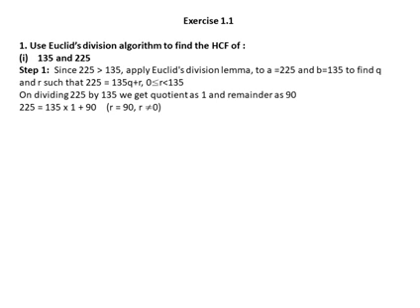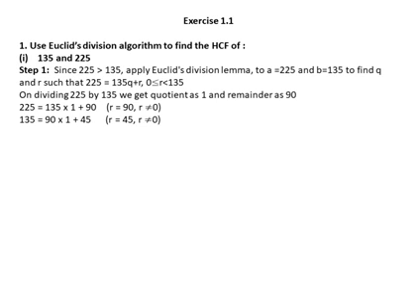Our remainder is not equal to 0. Again, what we have to do, we have to take the b value as a, and the r value as b. 135, we can write it as 90 into 1 plus 45.